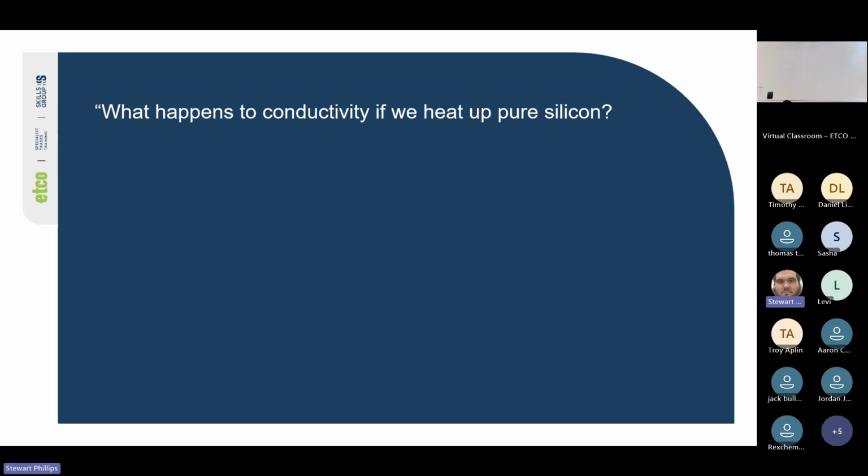So Fergus thinks the electrons will have more energy to jump around. The negative temperature coefficient. Resistance increases with heat.